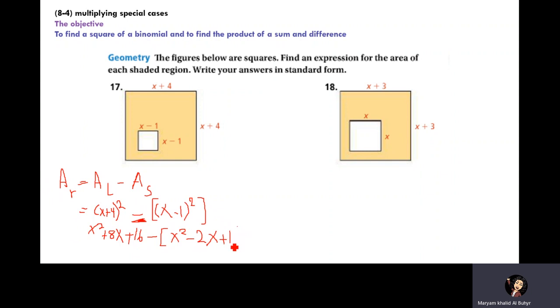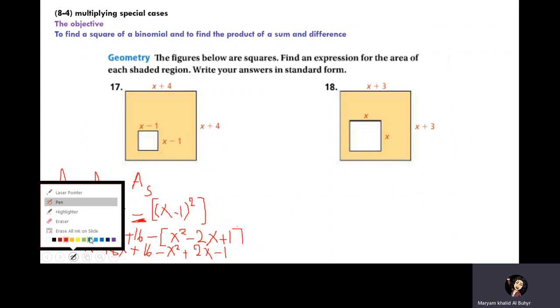Now I will distribute my negative so I can see what is going to happen. So plus 8x plus 16 minus x squared plus, because minus minus, I'm distributing the negative, 2x minus 1. Now I will see if I can simplify something.